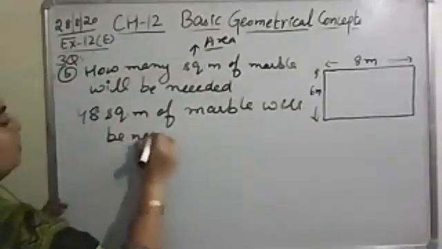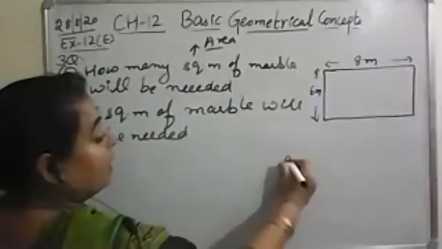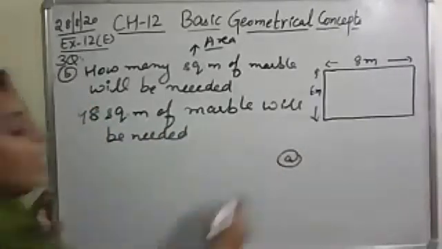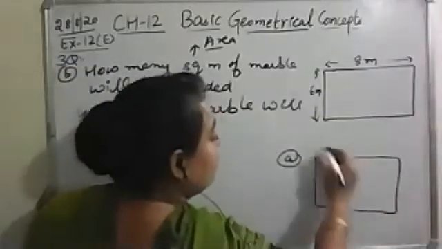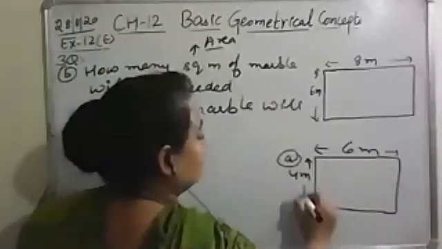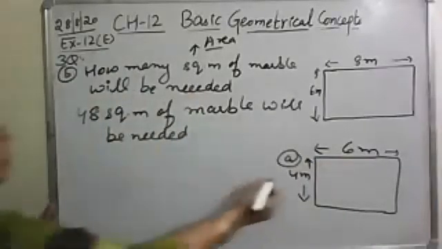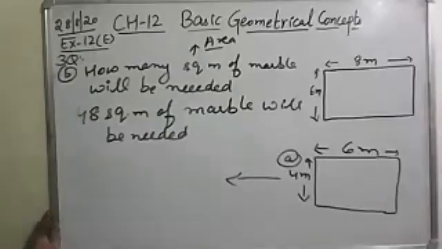Will be needed. And in the A part, in which we have the figure of 6 meter and 4 meter, how many square meter of marble will be needed? 24, very good.